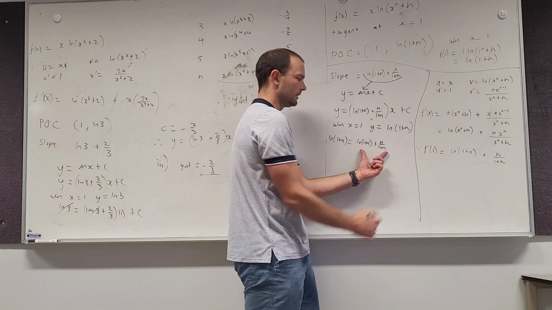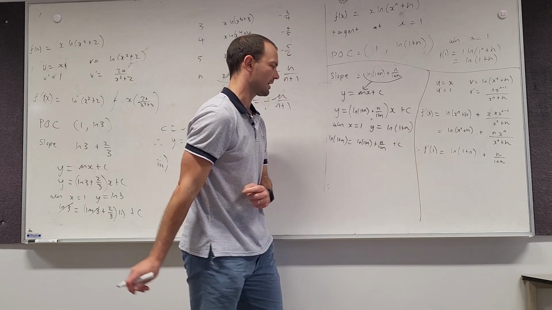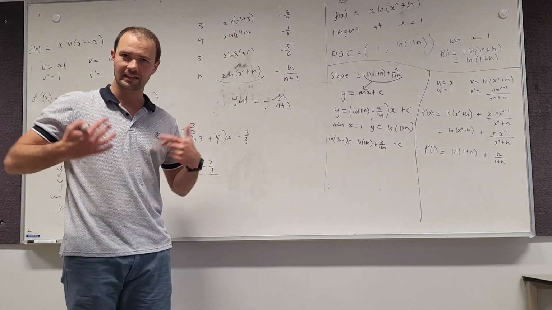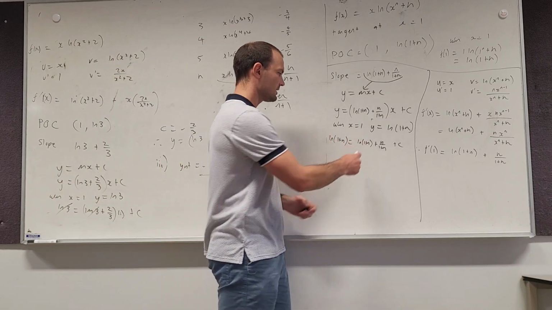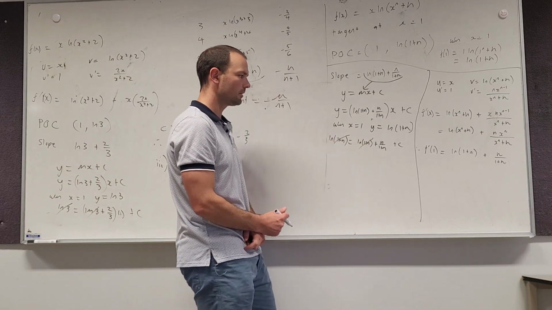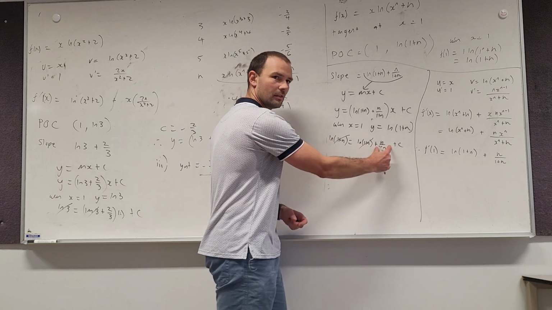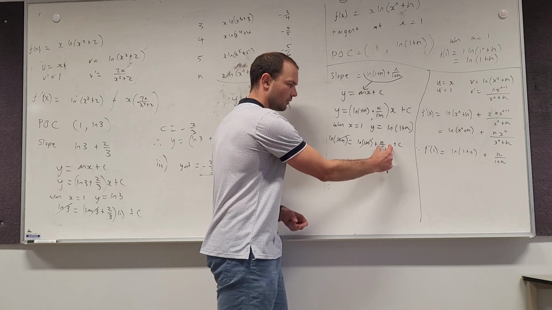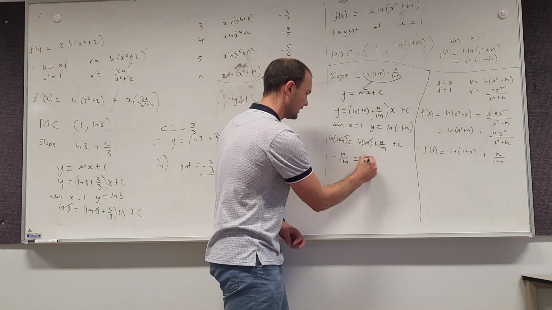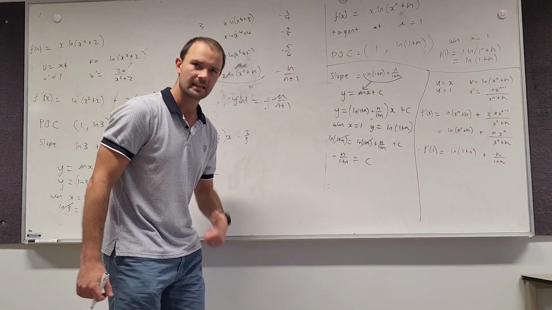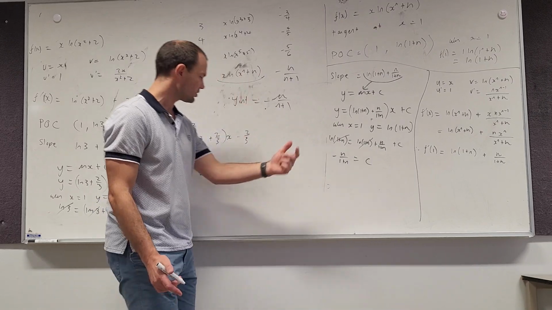We've got one lot of it, and then we've got this plus c hanging out over here. Now we're trying to get c by itself. We've got ln of 1 plus n on both sides, so we can eliminate that component. And now we'll subtract this from both sides, or we're just moving that over here. We're going to have minus n on 1 plus n equals c. C is the y-intercept of the tangent.